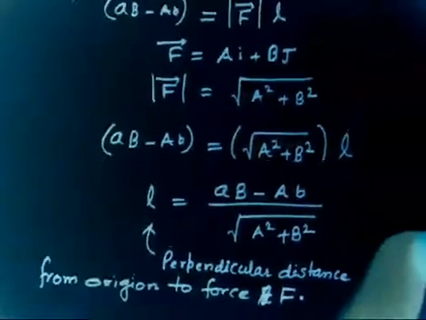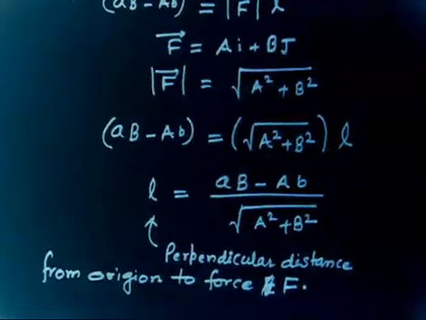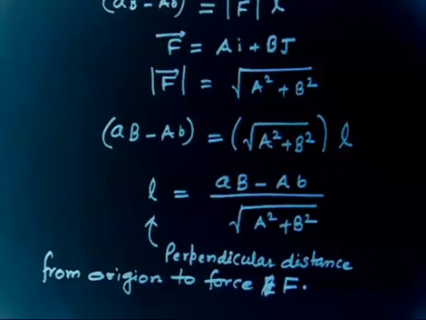So what have we learned? Using the vector method, we learned how to find the moment, that is R cross F, how to find the magnitude of moment, that is the mod of R cross F, and third, what the lever arm is. In general the lever arm is a perpendicular distance, and in this case it is asked with respect to the origin.